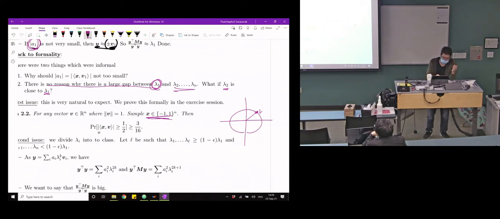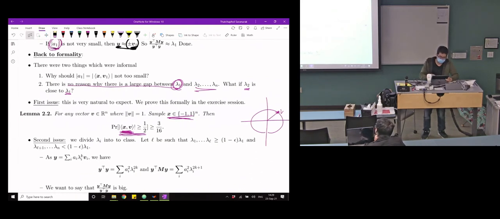And because of that, the size of the inner product between x and v is going to be not too small. I claim that if you have any vector v, and I choose x randomly, the inner product between x and v is going to be not too small, with some constant probability.